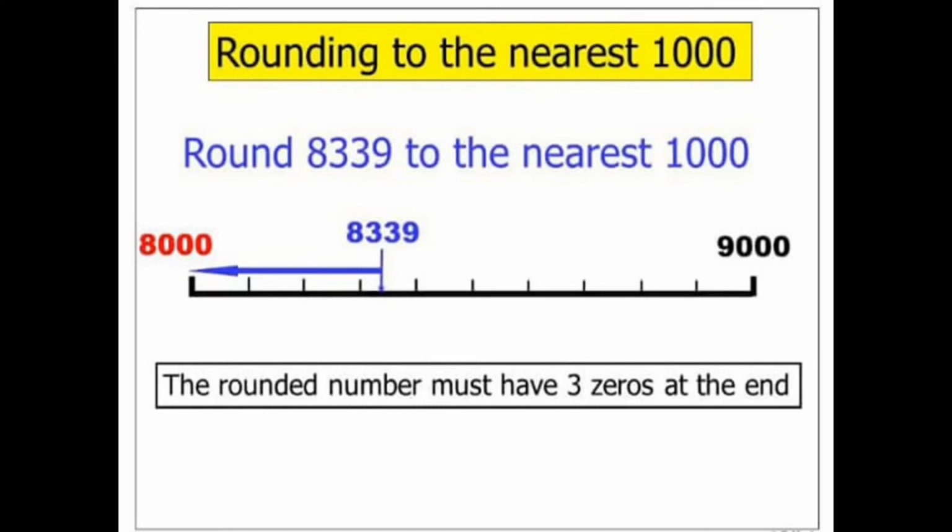But 8,339 lies closer to 8,000. So 8,339 rounded to thousands gives 8,000. And you can make an important note here that the rounded number must have 3 zeros at the end. Hopefully it is clear to you.